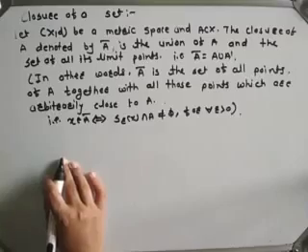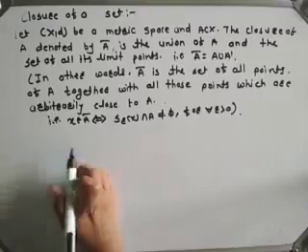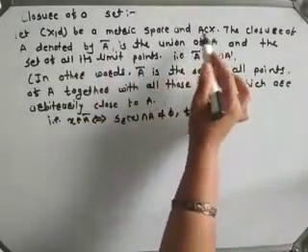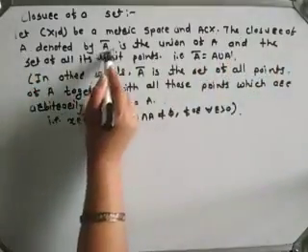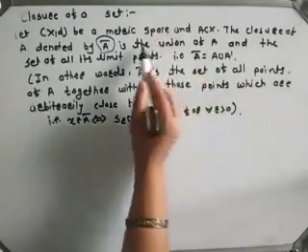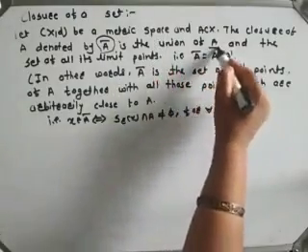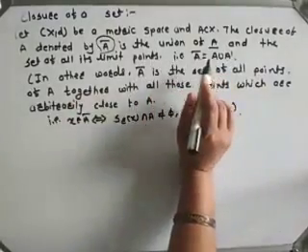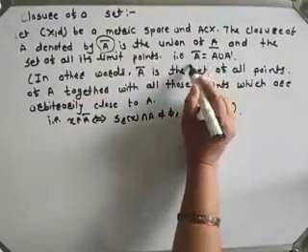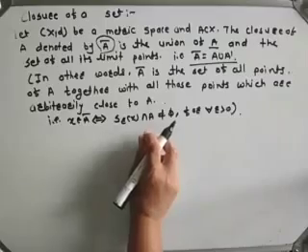See here, what is the definition of closure of a set? Let (X, d) be a metric space and A is a subset of X. The closure of A is denoted by A closure. It is the union of A and the set of all its limit points. That is, A closure is equal to A union A dash.